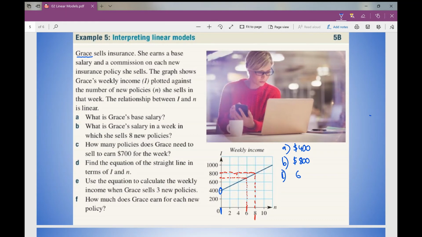Okay, now here in part D, we're looking to find an equation for the line. So we're going to be looking for something that looks like this: I equals m, that's the gradient, times n, plus b, wherever the y-intercept is. So the first thing we're going to do is try and figure out the gradient.